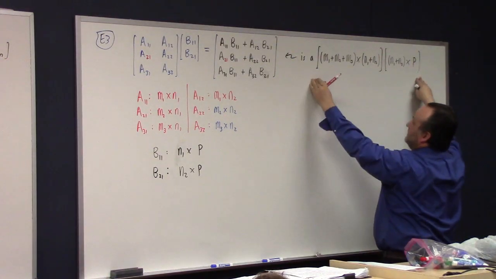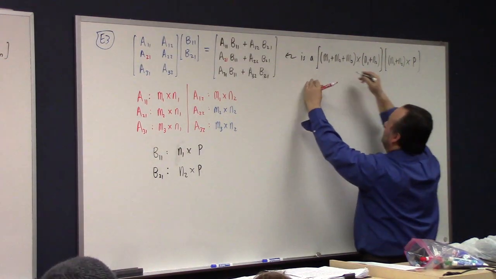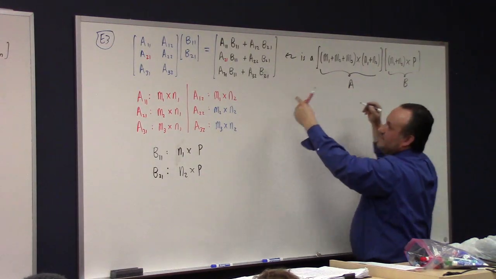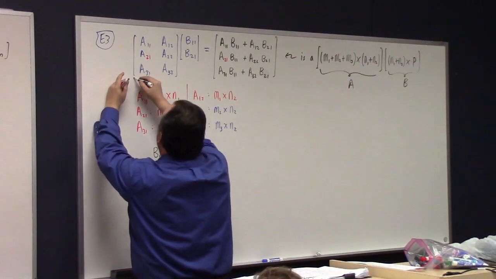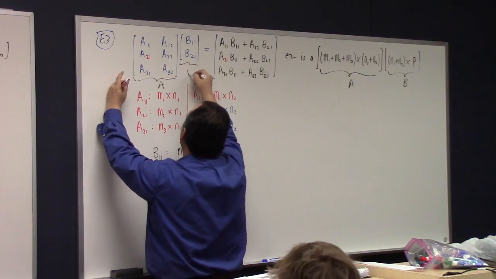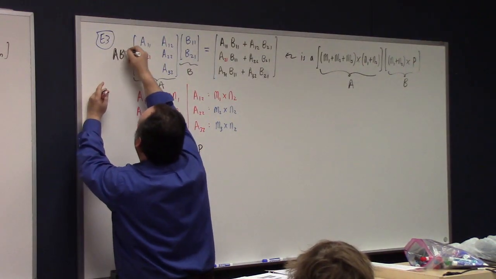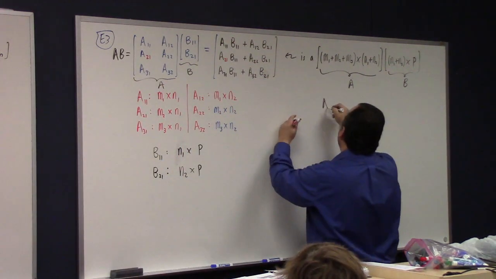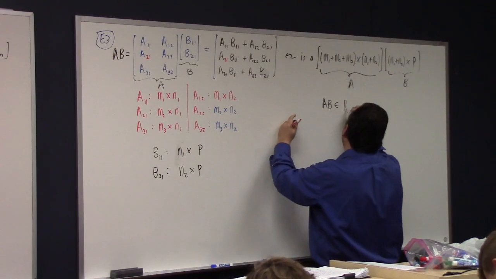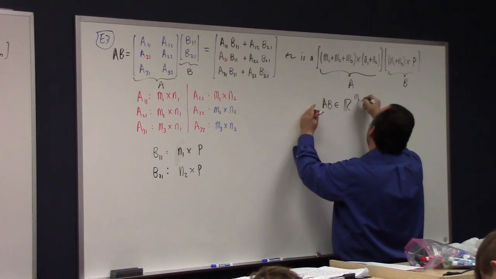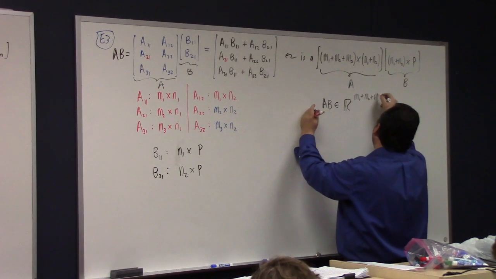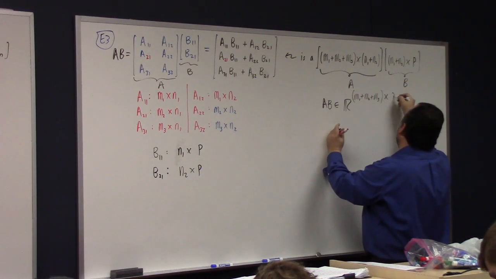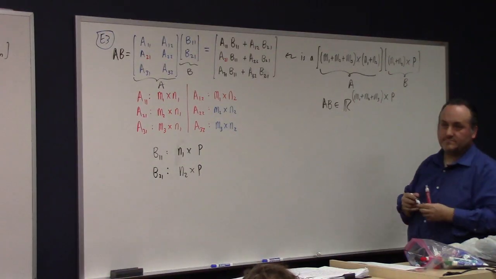Let me call this whole thing A, and this whole thing B, so this all together is A, and this all together is B, all right? So AB is a matrix. What's the size of AB? AB is an element of M1 plus M2 plus M3 by P, right?